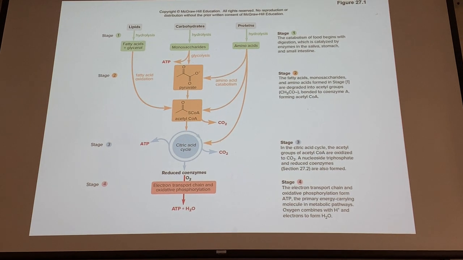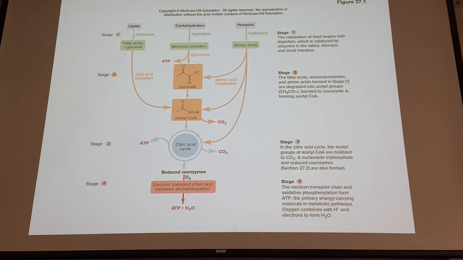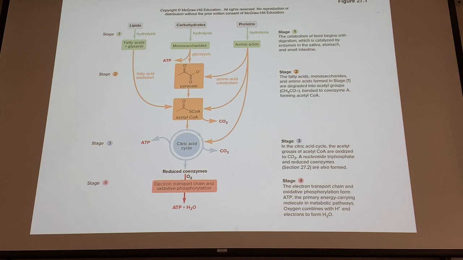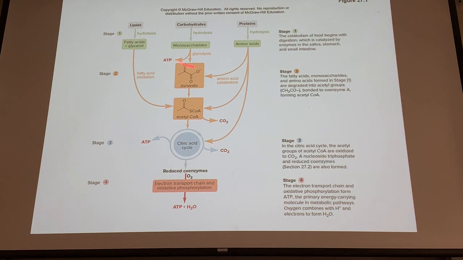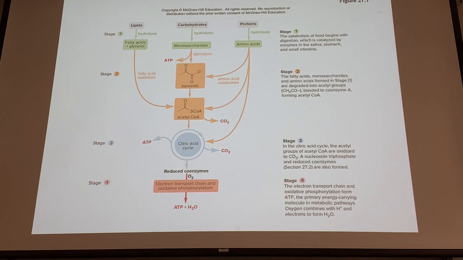Your proteins are going to be hydrolyzed by protease enzymes that chop the proteins up into individual amino acids. And then your lipids are going to undergo hydrolysis, which we'll talk about in a moment, liberating fatty acids and glycerol.